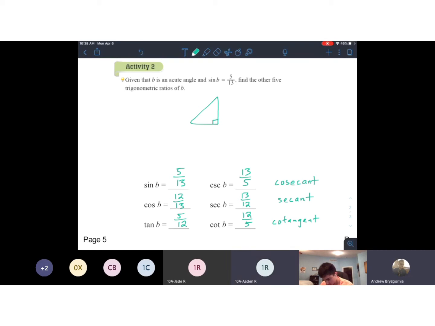Honestly, these questions that we're doing can be solved by just drawing the triangle as well. And you could do the Pythagorean theorem with the numbers rather than using sine squared and cosine squared. Because if we know that sine of b is 5 over 13, and that's the opposite over the hypotenuse, then the bottom has to be 12, and now you're able to solve for all of these anyway.